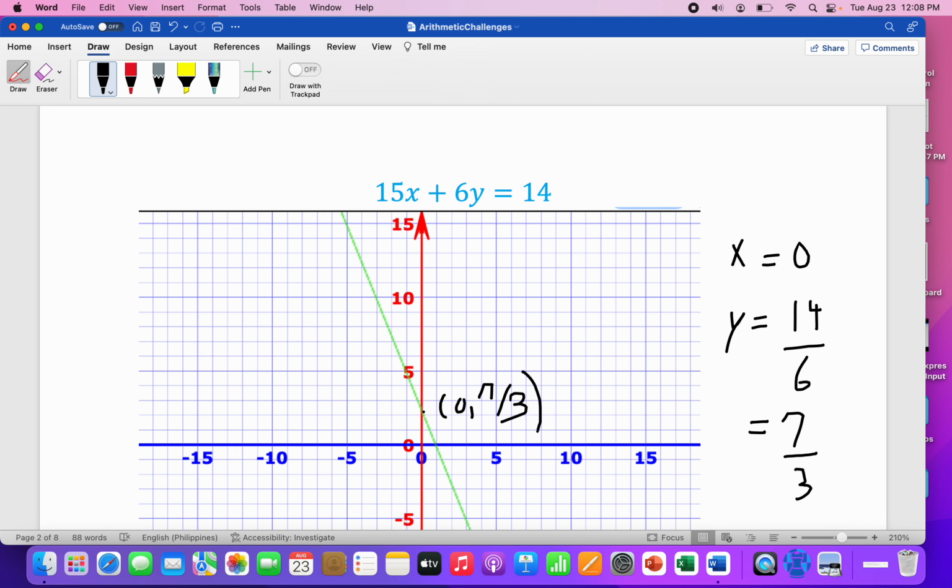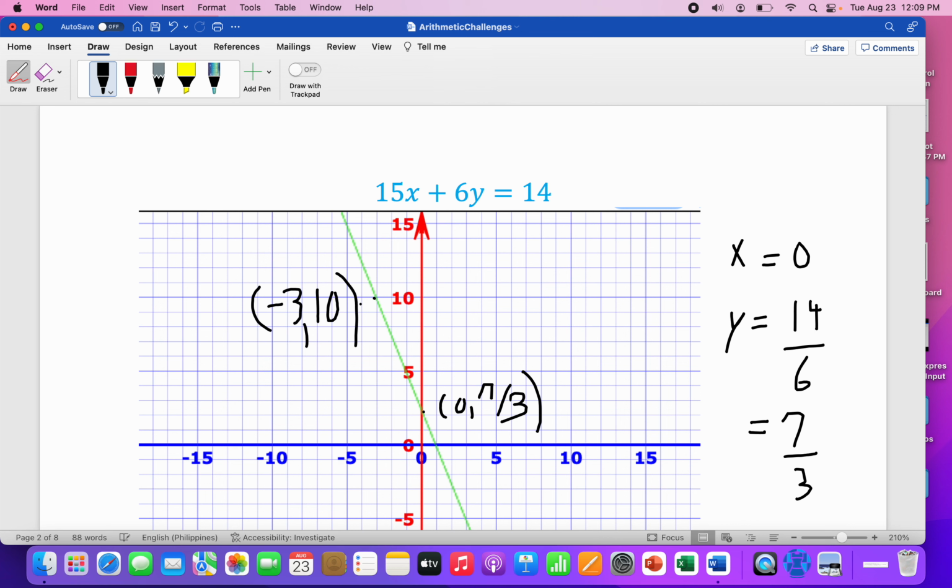Now, we just said that this doesn't have any integer solutions, but if you take a look right here, this point looks like it might be (-3, 10). I mean, it looks pretty close to the line.